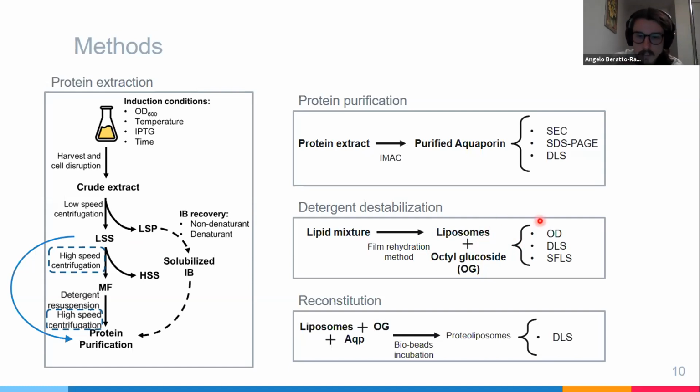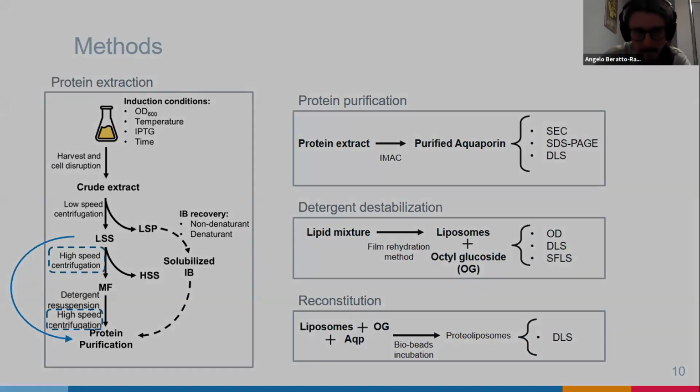Then these liposomes were destabilized by the use of the detergent OG, octyl glucoside, and it was monitored by optical density, dynamic light scattering, and stopped-flow measurements. Finally, the aquaporins were mixed with these destabilized liposomes, and the samples were incubated with Bio-Beads in order to remove the detergent and form the proteoliposomes, which we were only able to monitor by DLS.